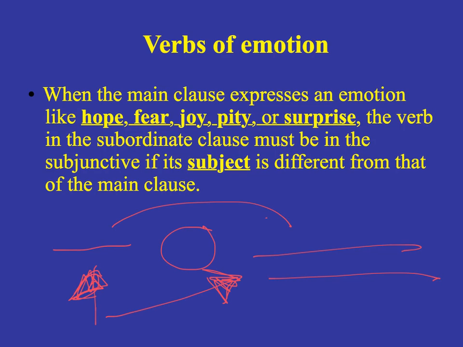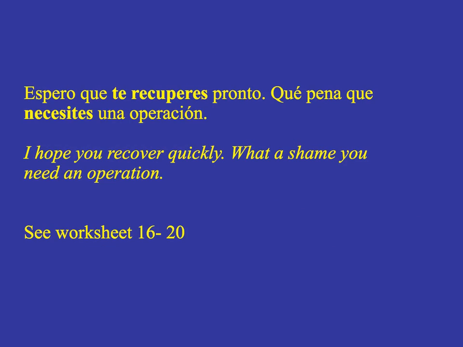These two subjects also must be different. Okay, so here's an example of an emotion word. Espero, we have our que. Te recuperes pronto. I hope that you recover quickly. Okay, you are the subject here, I am the subject here, and we have the que in the middle.